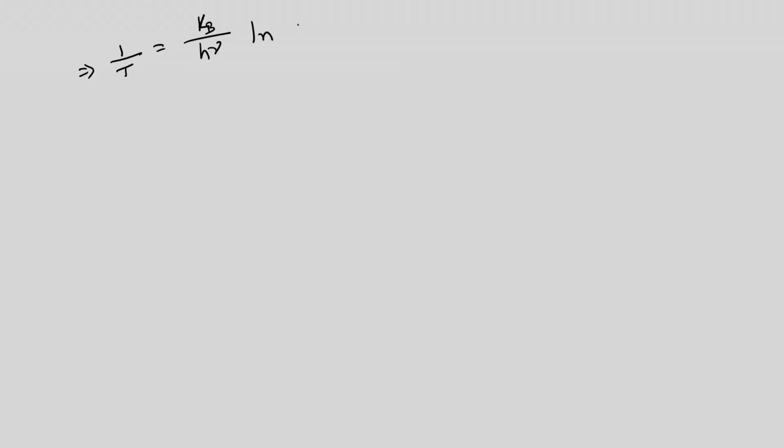Okay, now, so if we further proceed, we get 1 by T equals Kb by h nu ln (E by n plus half h nu) by (E by n minus half h nu).